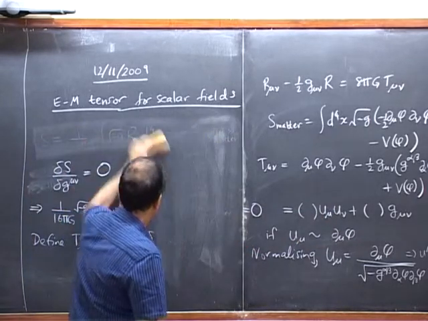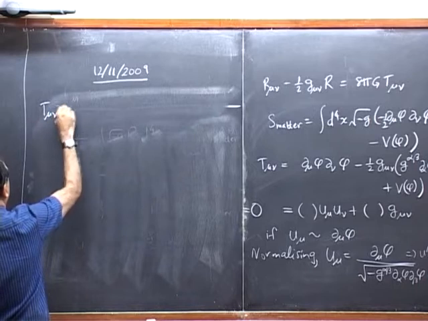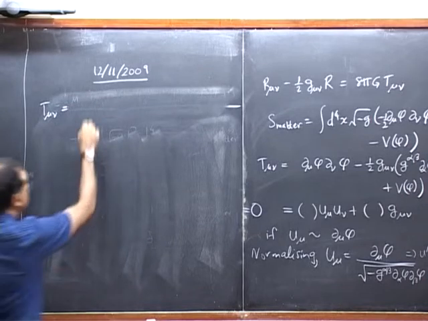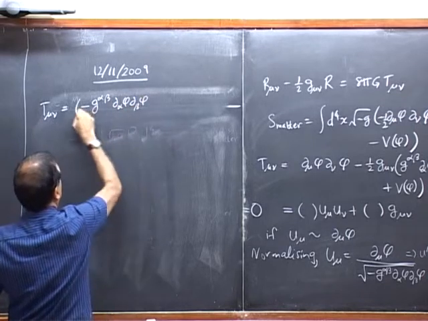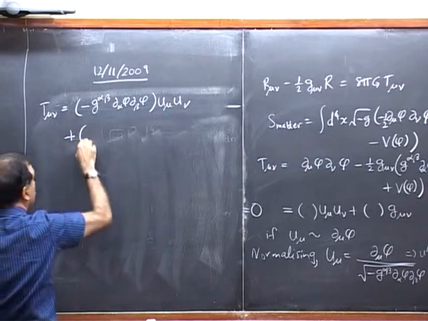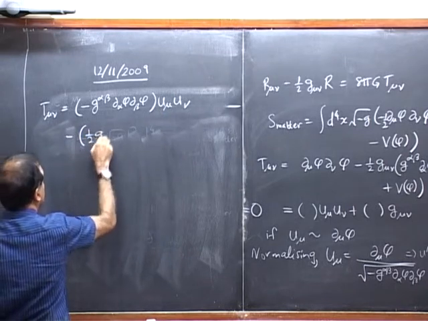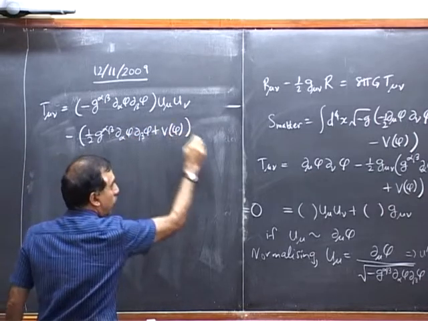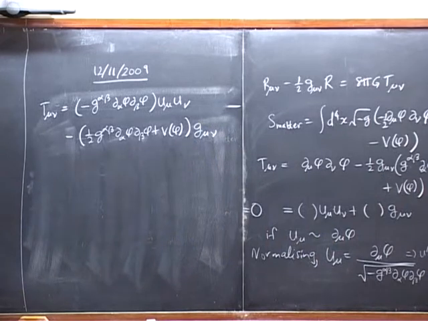And what I find is that T mu nu is writable as minus g alpha beta del alpha phi del beta phi, a scalar quantity, times u mu u nu, plus, rather again minus a half, now I'm just copying a term from here, times g mu nu times V. So now I have the perfect fluid form.